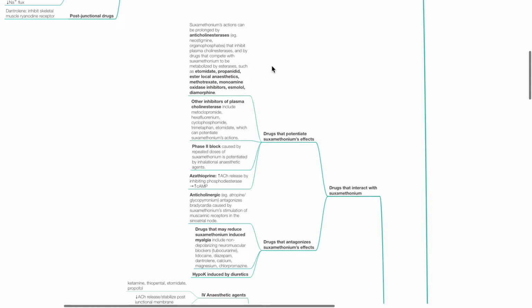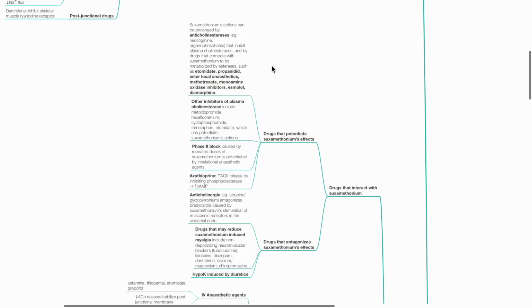Suxamethonium's actions can be prolonged by anticholinesterases, such as neostigmine and organophosphates, that inhibit plasma cholinesterases, and by drugs that compete with suxamethonium to be metabolized by esterases, such as etomidate, propanidid, ester local anesthetics, methotrexate, monoamine oxidase inhibitors, esmolol, and diamorphine.